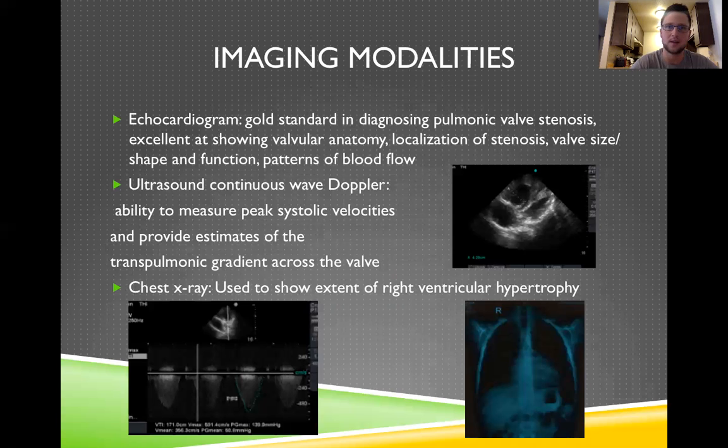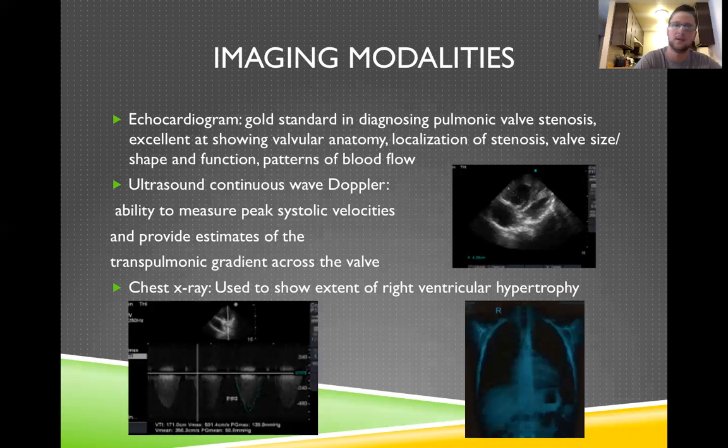And this is huge because when you have a stenotic valve, you're going to have a higher pressure gradient inside the ventricle, and that's a clear indicator that the valve would be stenotic or that there's something wrong going on.